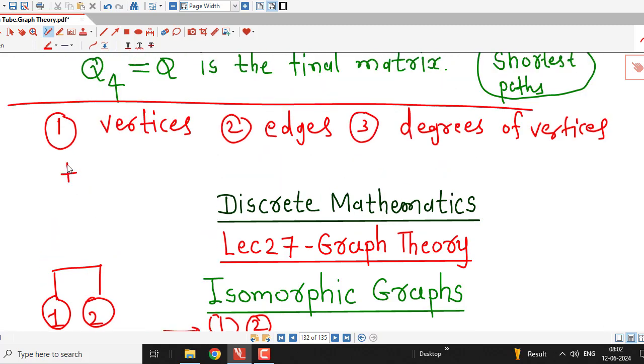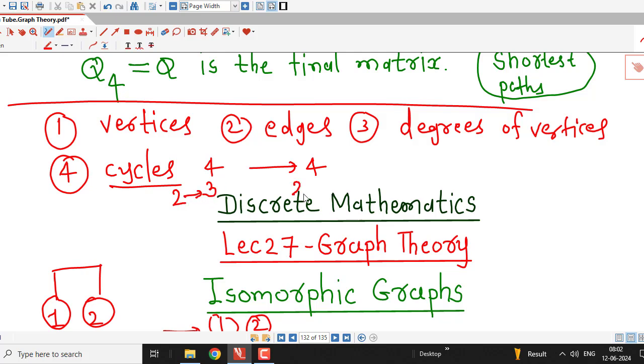Another common property shared by isomorphic graphs is cycles. If one graph has a cycle of length 4, then the corresponding graph must have a cycle of length 4. If one graph has 2 cycles of length 3, then the corresponding graph must have 2 cycles of length 3.